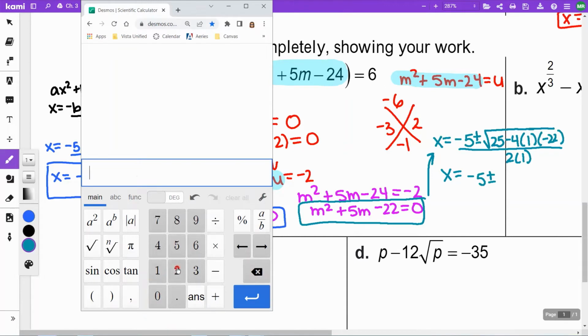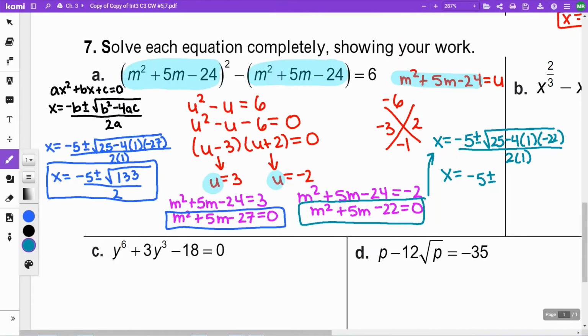Okay, so I'm going to have 25 minus 4 times 1 times a negative 22, and I get a 113. Okay, so I'm going to have the square root of 113 all over 2. And that's our second answer.